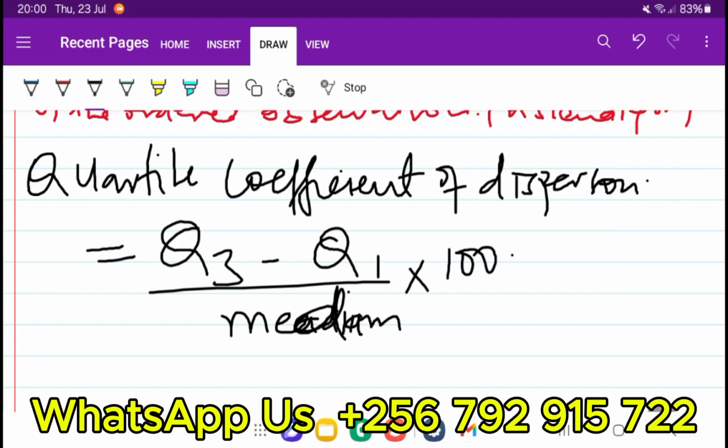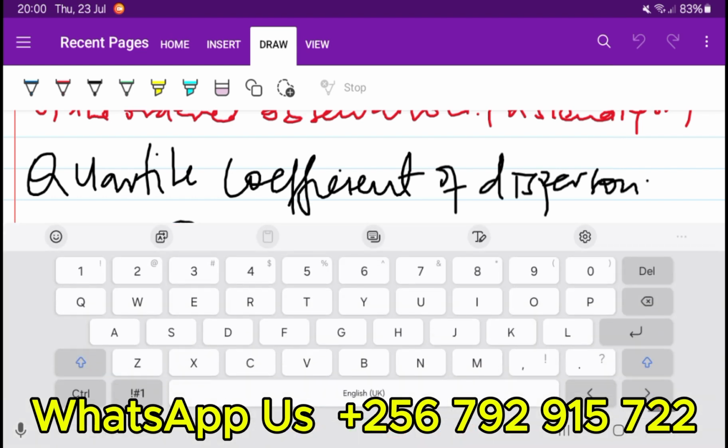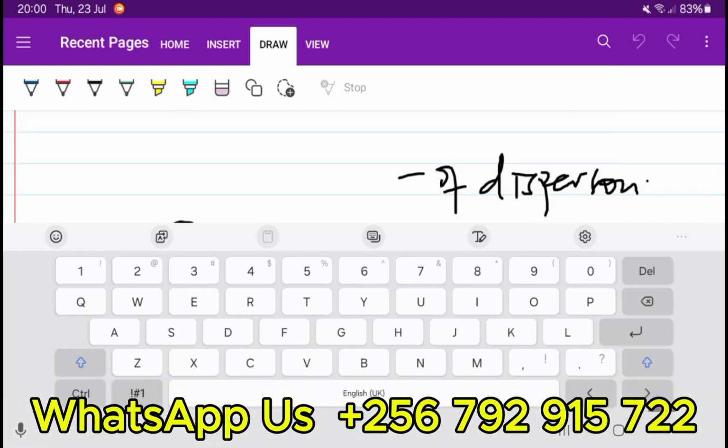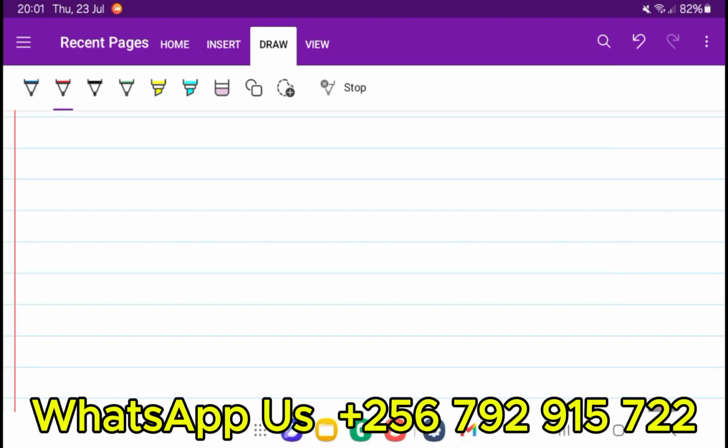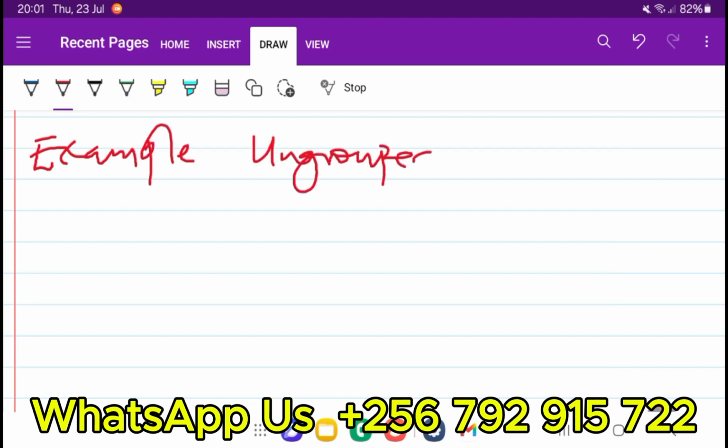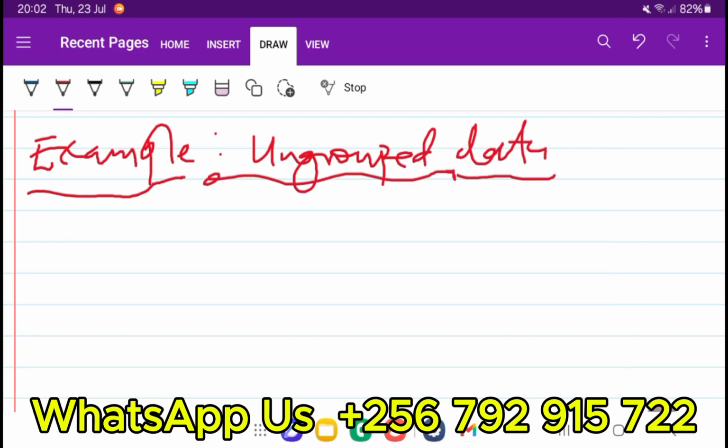So with that in mind, I want us to look at a simulation and see what we can do. Of course, let's look at an example, but this is for an ungrouped data set. We can maybe just have a quick one just to help us.